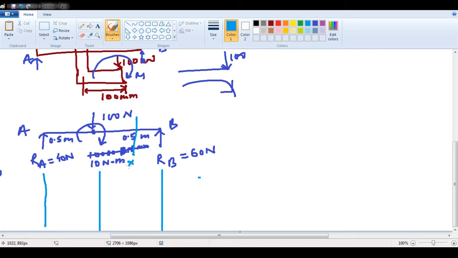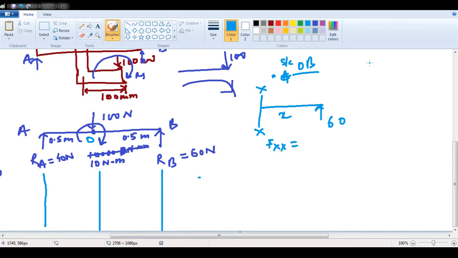If I take this as a section XX at a distance of x from the right hand side, this is OB, so section OB will be what, this is the section I have taken, this is B, RB I'll write directly 60 at a distance of x. So force in XX will be minus 60, whereas moment about XX will be 60 into x.